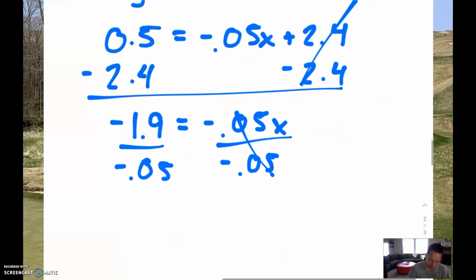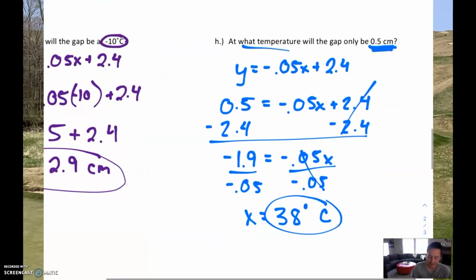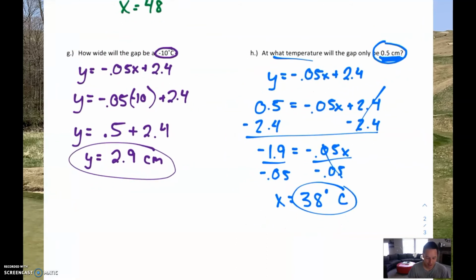And when we do that, we get x equals 38. And now remember the units on here. This is degrees Celsius. So when the temperature is 38 degrees Celsius, the size of the gap is getting pretty small. It is only 0.5 centimeters. So that's starting to be cause for concern there.